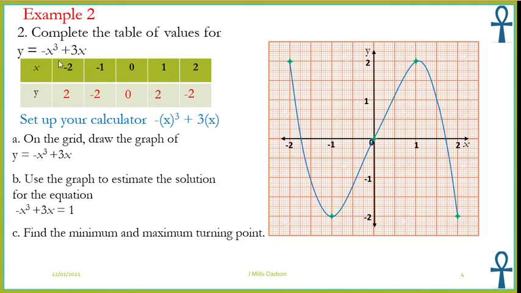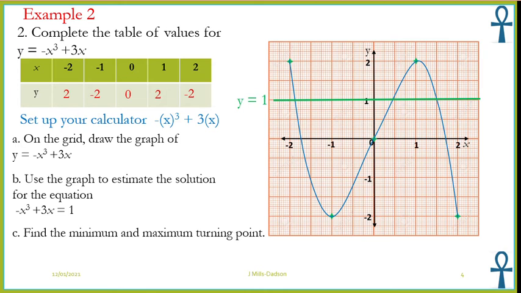So if this represents y, then we can say y is equal to 1. So we are supposed to draw the line y equals 1, then from there we estimate our solution.